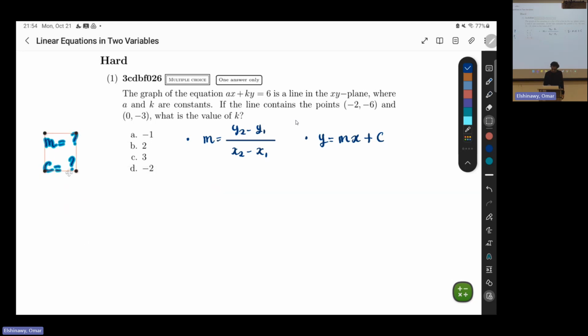So, what am I talking about precisely? My claim is that two points will give us two equations.